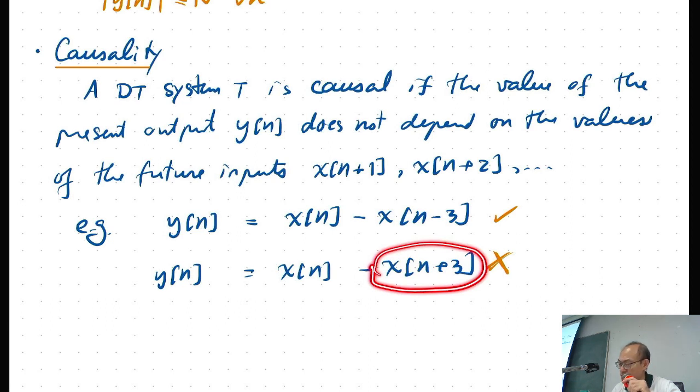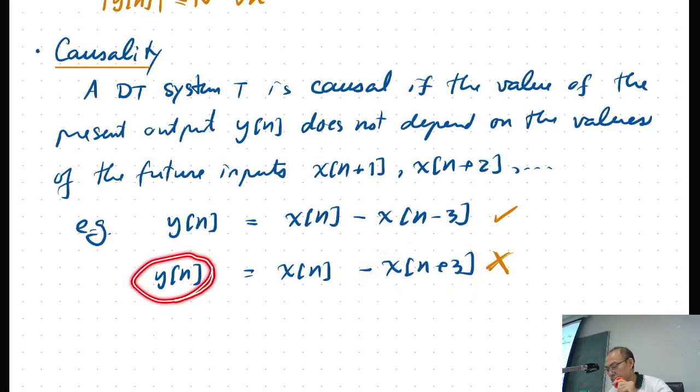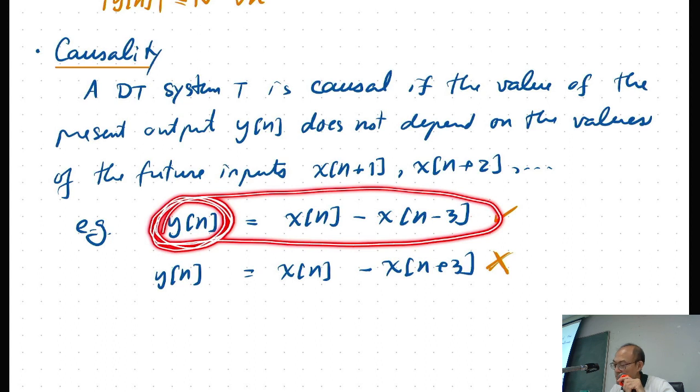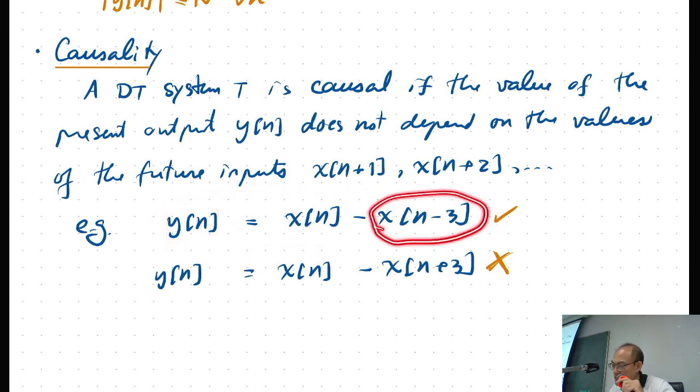So it is not causal because the present value of the output depends on the future value of the input. But in the first system, the present value of the output depends on the past value of the input. So the first system is causal. Even though it depends on the past, it doesn't depend on the future. So yeah, it is causal. Okay?